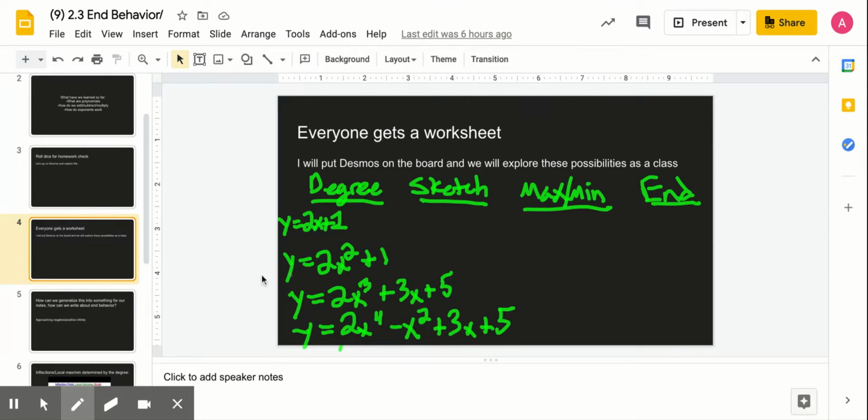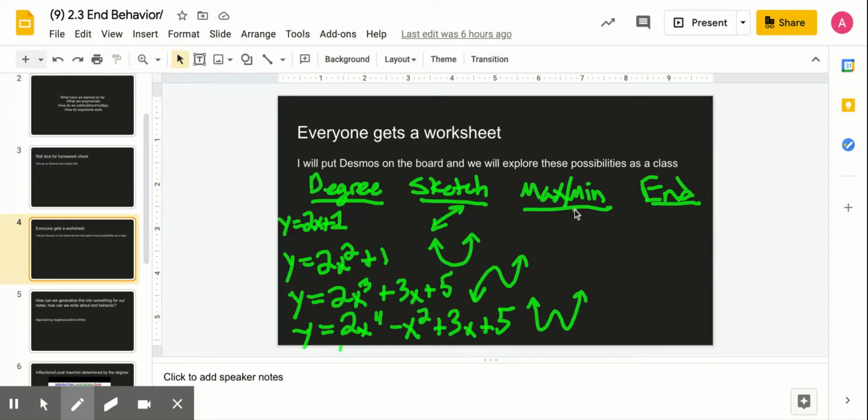And as a class, we do the same thing. I will ask you guys, help me put this together. Because the goal is, let's observe a pattern. I don't want to tell you what's happening. Let's throw some stuff together. Let's punch it into Desmos, and what does it look like? And what we find is linear looks like this. Quadratic looks like this. And we're not surprised by that. We've seen that before. And then our cubic should probably look something like this, and our quartic probably looks something like this.